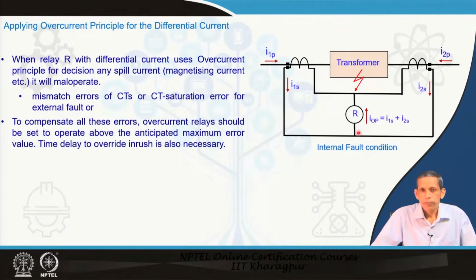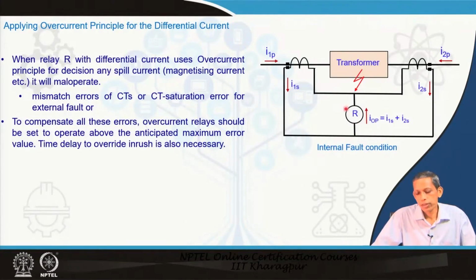Now, we know that for any internal fault, the summation of I1s and I2s will be proportional to the internal fault current. That means the differential current or the operating current will be significantly high for an internal fault in this arrangement.